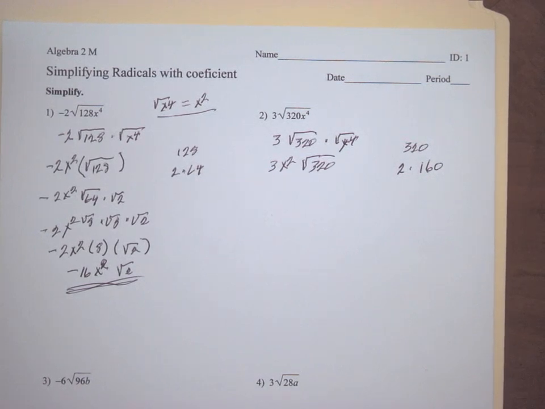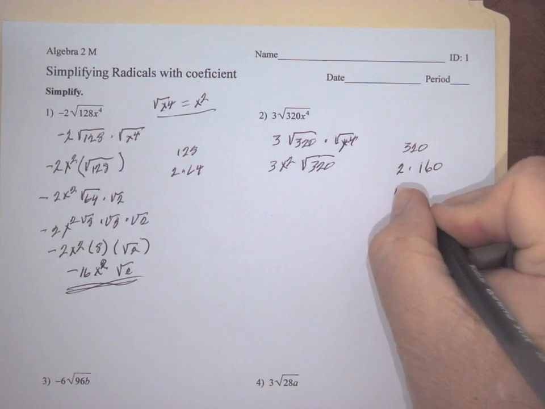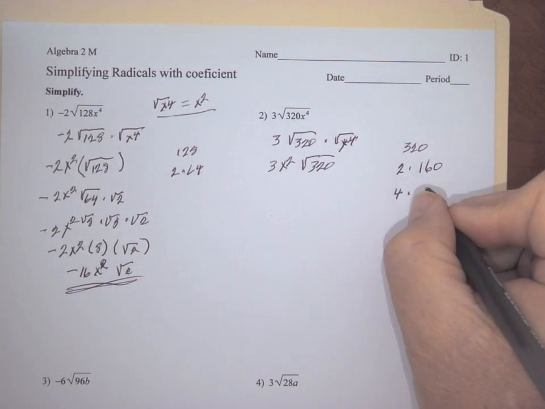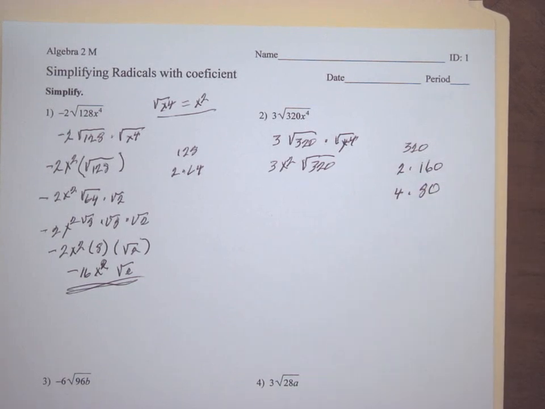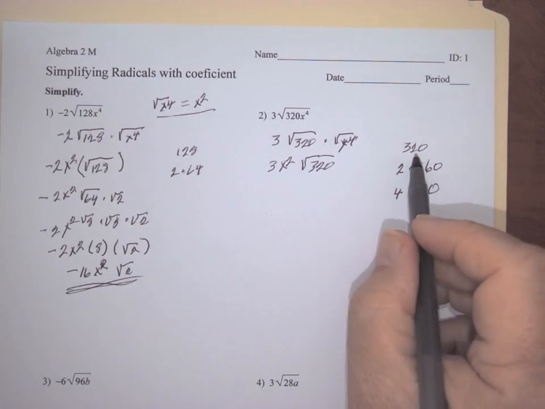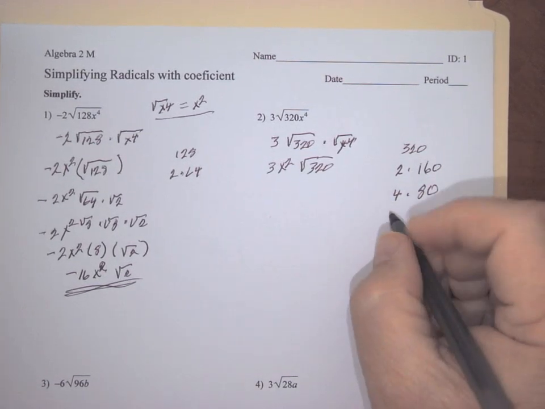What are we looking for? Let's see, it could be 4 times 80. That doesn't help us much. So let's jump up and see if we can divide something else into here. 10 times 32.